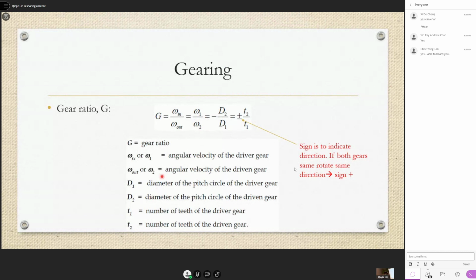But if you look at it from the diameter perspective, diameter means the size of it. At the top, the numerator would be the driven gear, that means the second gear, and below would be the driver gear.